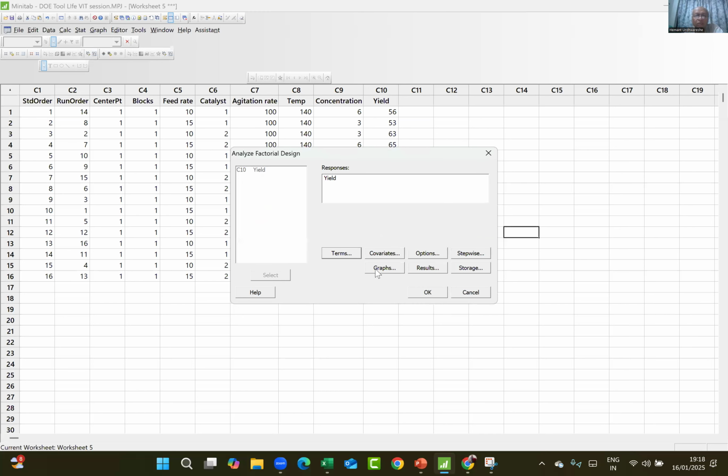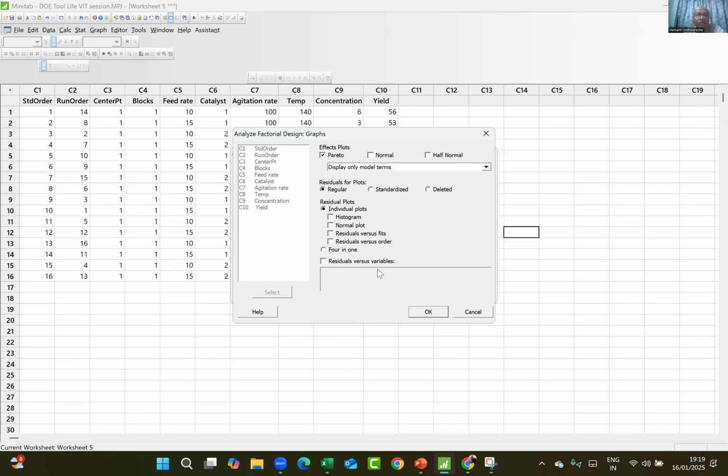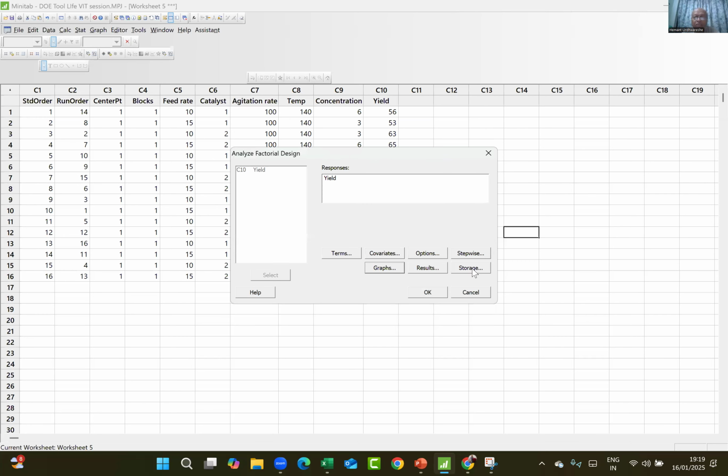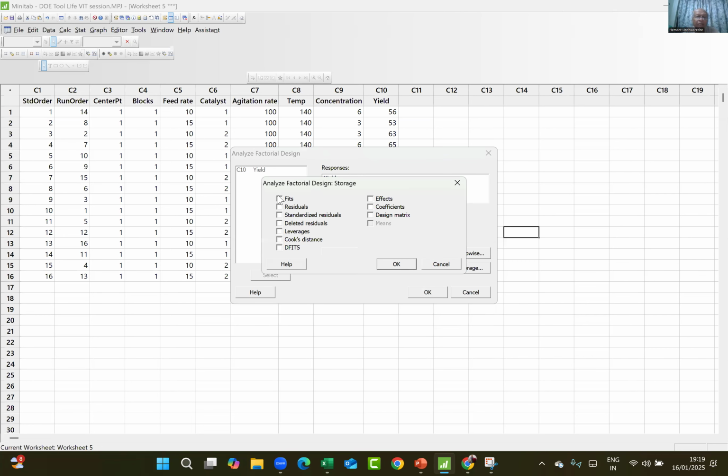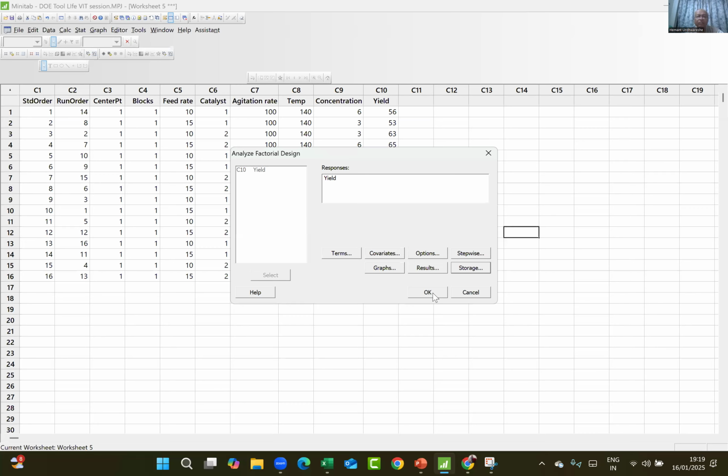Now in the graphs, I will talk about the 4-in-1. I am going to talk about the residuals today. In the storage, I add fits and residuals. So it will store the fitted values, that is, the predicted values for that row, and the difference between the observed and predicted values.